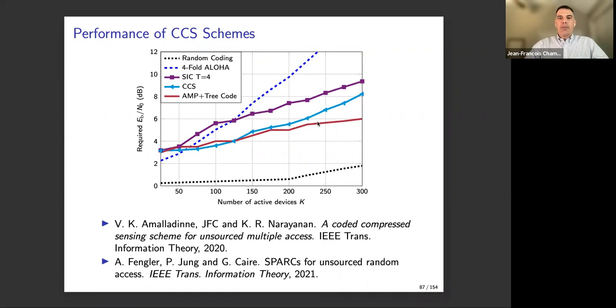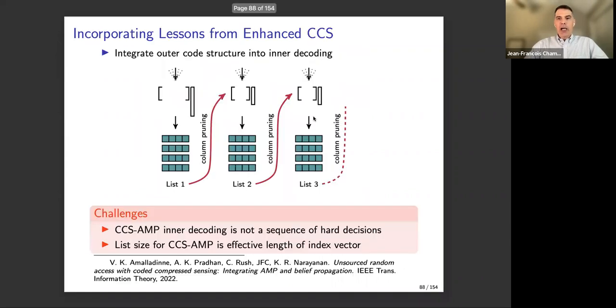So now we were outdone by this scheme, but in our back pocket, we already know that one of the lessons for low complexity is the following, and this lesson is going to come back a few times in future schemes too. If you have a concatenated code, so you have an outer code and an inner code structure, and somehow you can pass information from one to the other and inform the decoding as you iterate between the inner and outer code, then you may do better.